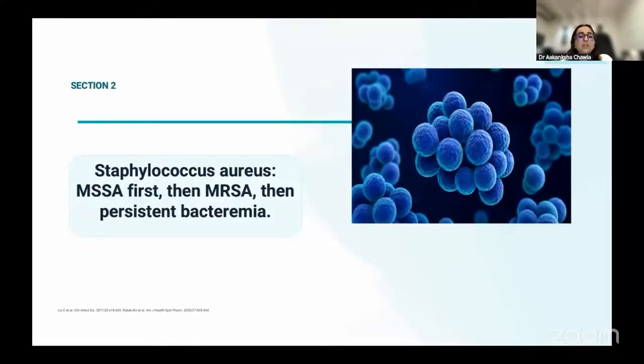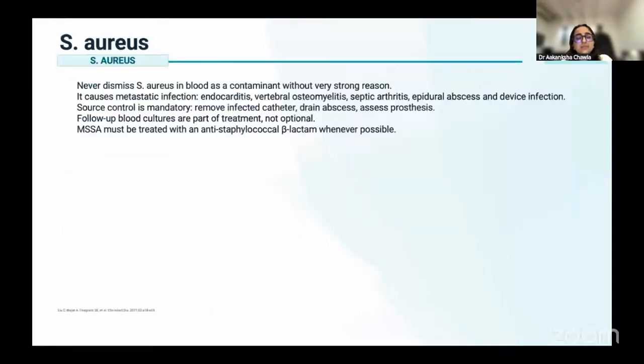Now, since I was talking about the bugs, let's look at the bugs a little more in detail, starting with Staphylococcus aureus. A Staph aureus infection in blood is not a contaminant unless you have a very strong reason. So never ignore it. It can cause metastatic infection. So you have to be sure when you're treating a blood staph.